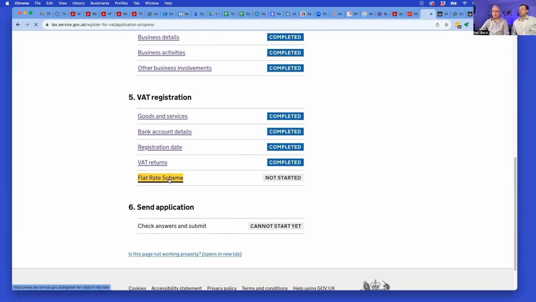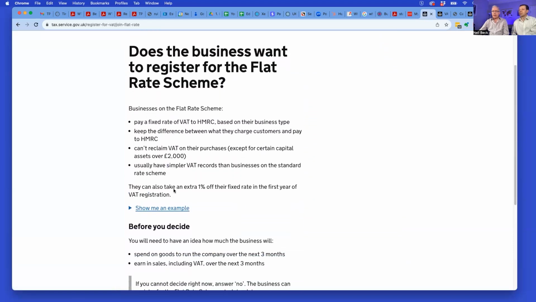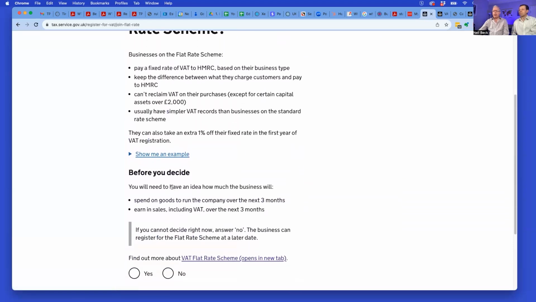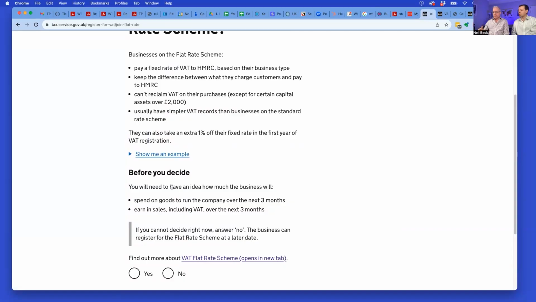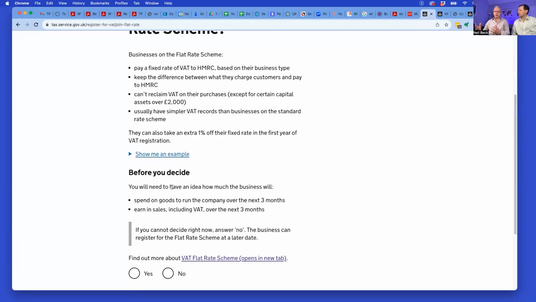So we've mentioned the flat rate scheme. Provided your turnover is under £150,000, instead of working out, well, I've charged 20%, so I've charged 10 people £1,000 of VAT, I've incurred some mobile phone bills, I can net that off and pay over the difference, you can just say, look, my business is pretty simple.